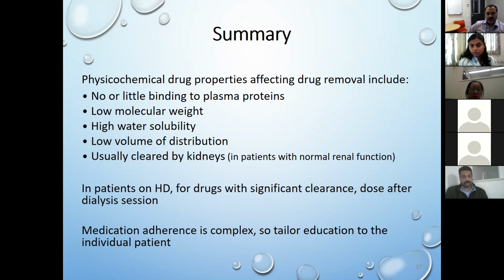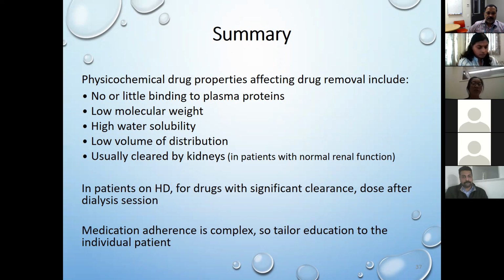So today we've covered the physicochemical drug properties which affect drug removal. These include little or no plasma protein binding, which could help with removal by dialysis, low molecular weight, high water solubility, low volume of distribution, and the fact of a drug usually being cleared by the kidneys. All of these add up to a higher likelihood of significant drug removal.